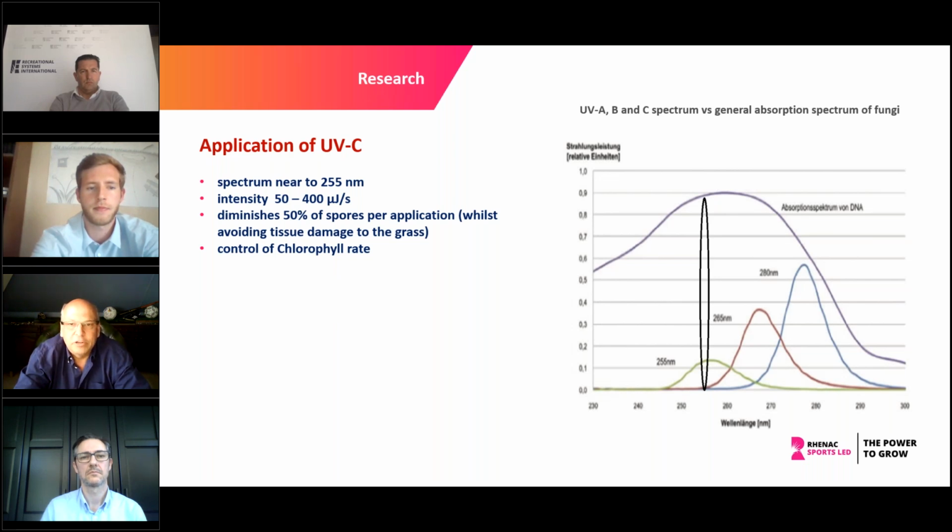So the optimum spectrum to apply is 255 nanometers, is what we found, with a certain intensity between 50 and 400 microjoules per second, and we found that it diminishes 50% of the spores per application, whilst still avoiding damage to the leaf tissue.